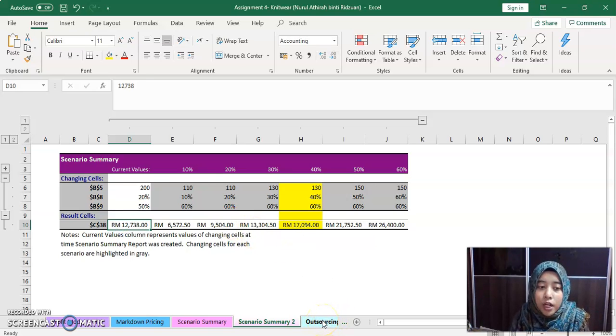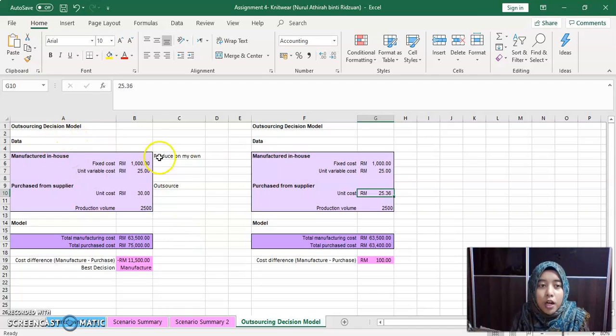Next, let's go to the outsourcing decision model. The outsourcing decision model is for deciding what is better: manufacture or purchase from supplier. To calculate the manufacturing cost, I add the fixed cost and the unit variable cost multiplied by production volume. I get 63,500.